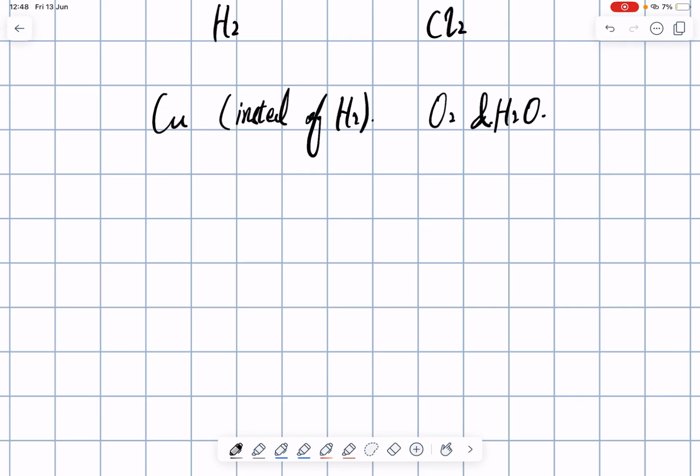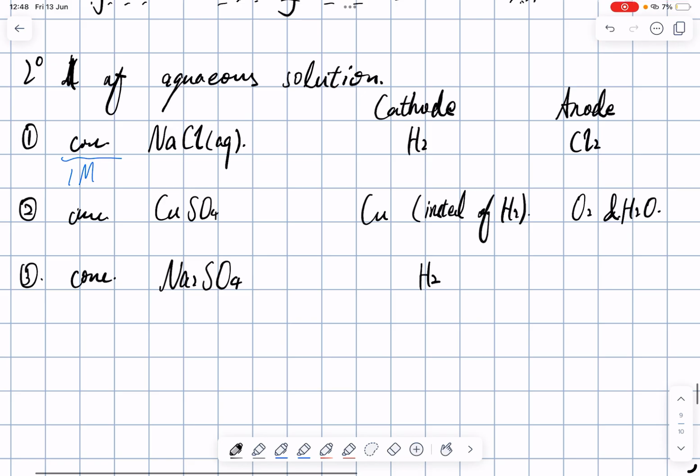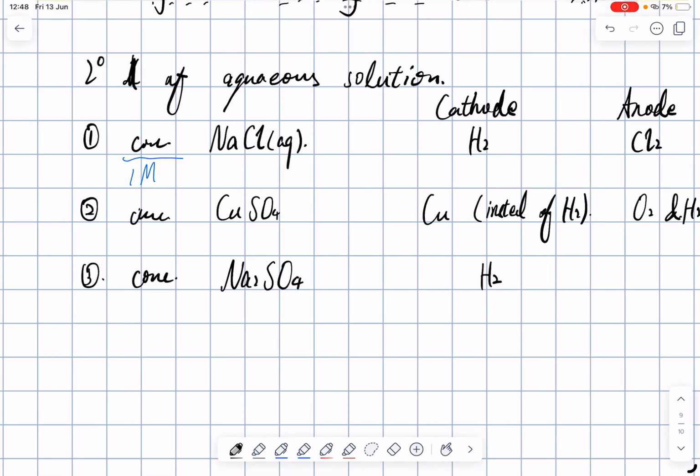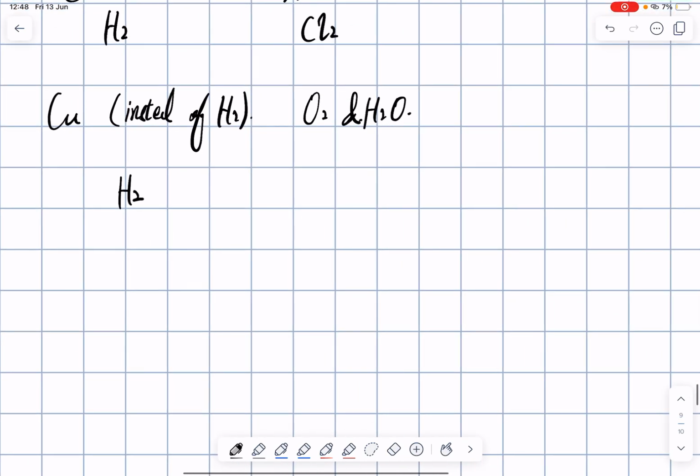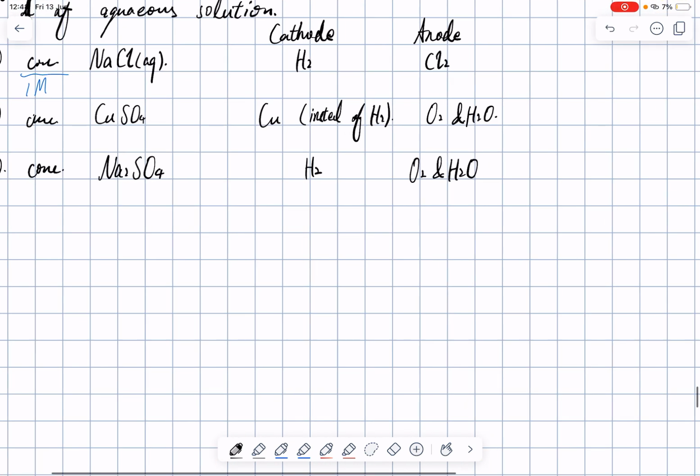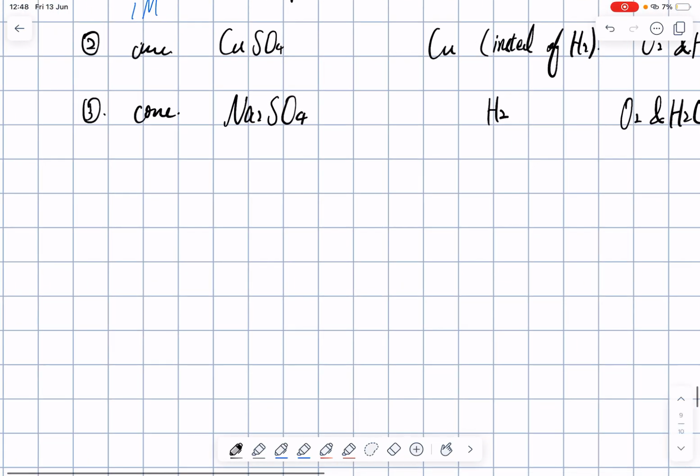At the cathode, we still get this. It's the same reason as the first one. However, we'll get oxygen and water at the anode instead of sulfur and oxygen. It's the same reason. It's just working with those E standard values.